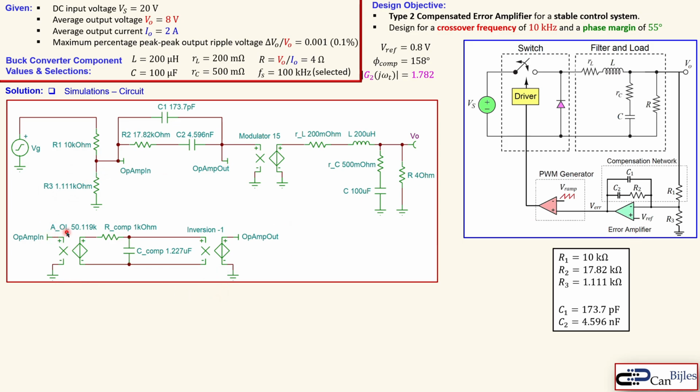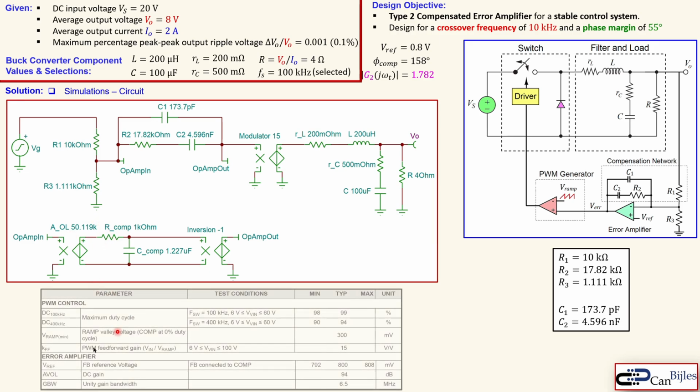We see here the open loop value of the error amplifier, which was 49 dB. So we went from 49 dB to this value, 50,119. And we have now also created a pole, which is approximately 130 hertz.